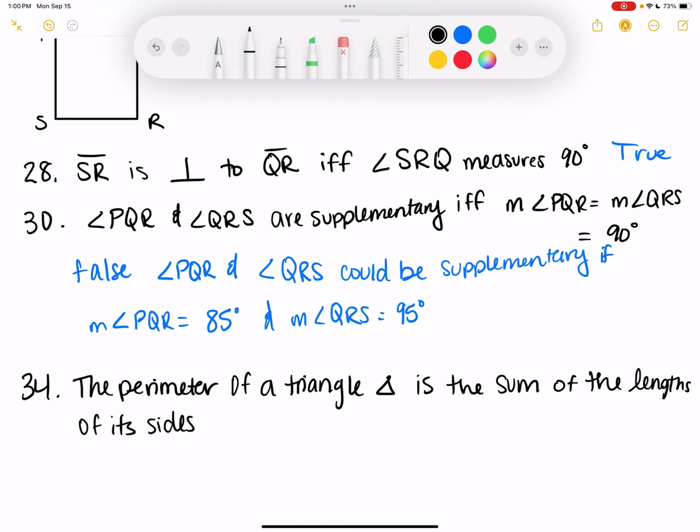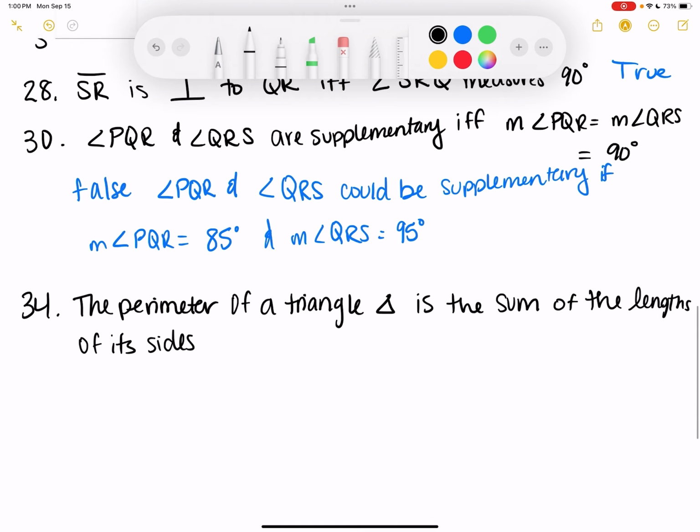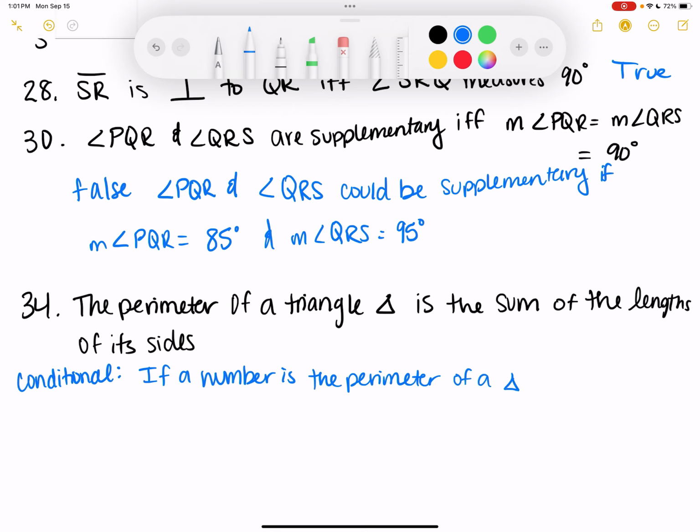So my conditional statement, my if-then statement, doesn't have to be exactly this, but something along the lines of: if a number is the perimeter of a triangle, then it is the sum of the lengths of its sides.